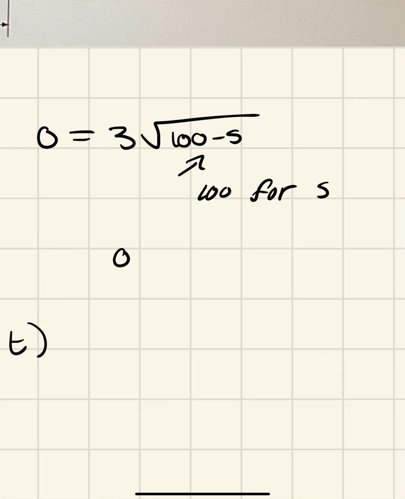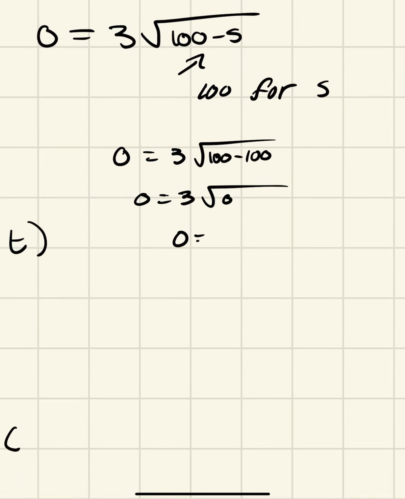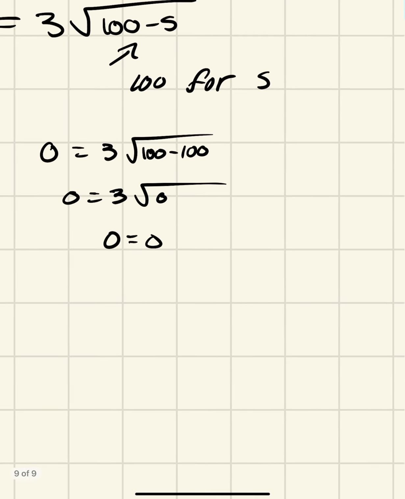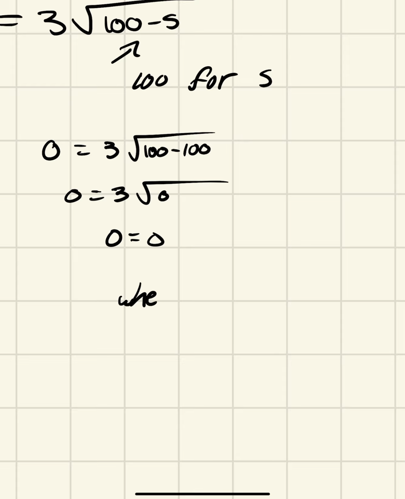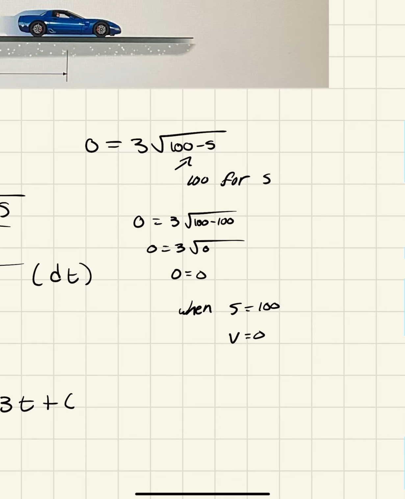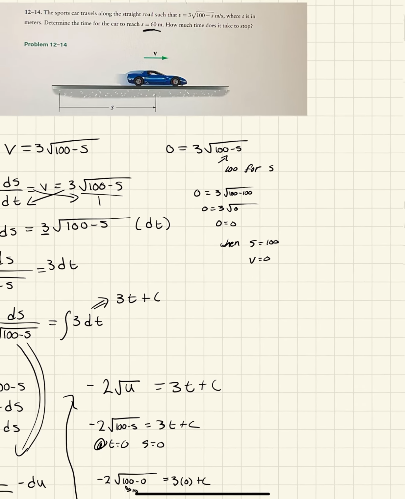So 0 equals 3 root (100 minus 100), 0 equals 3 root 0, 0 equals 0. So when s equals 100, v equals 0. That's how far it travels until it stops.